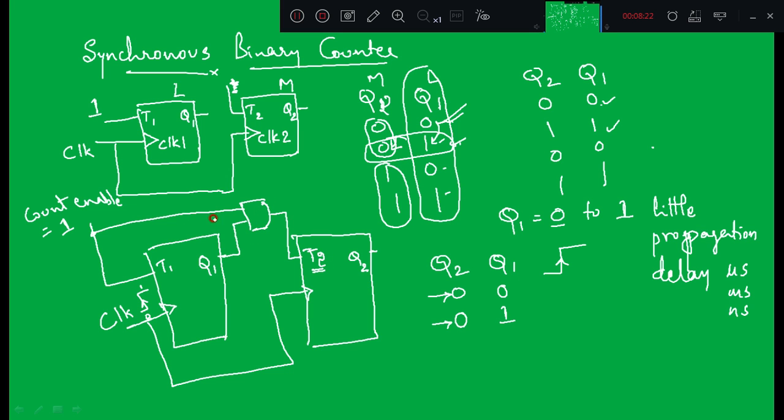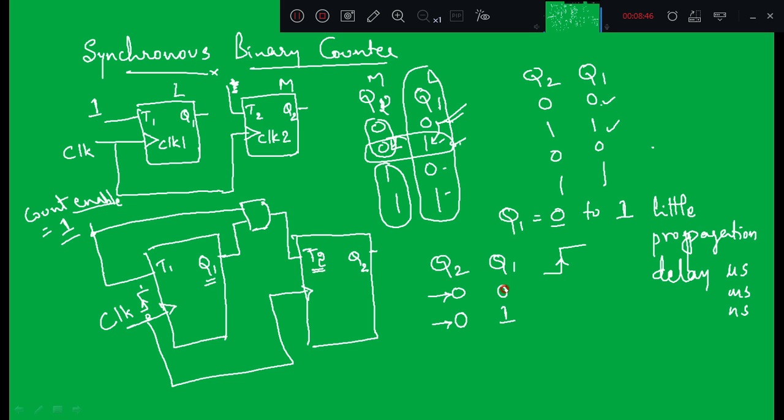By using this AND gate. In the previous circuit, count enable was directly connected to the inputs of all the flip-flops, but here we connect count enable to the AND gate, and the output of the AND gate is connected to T2. So even if count enable is 1, the output of the AND gate depends on Q1.